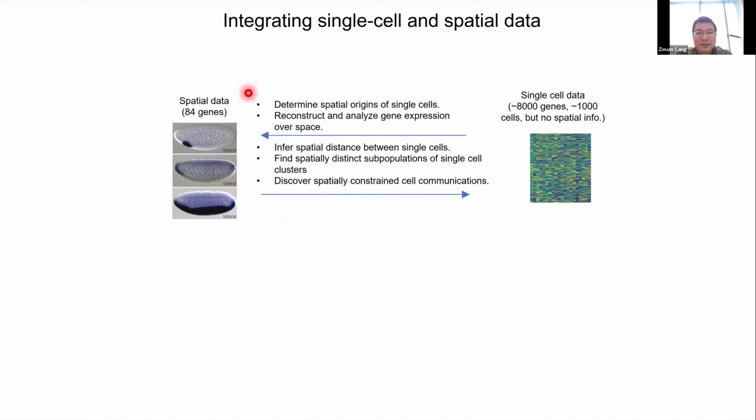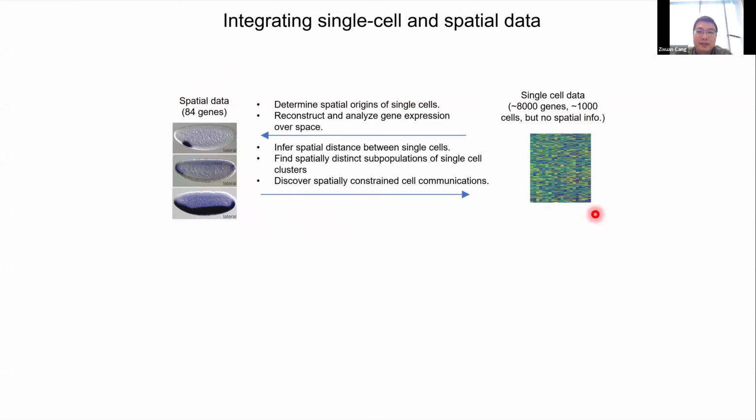For example, in this extreme case, even if we don't have real spatial transcriptomics, but instead this very traditional imaging data of just a handful of genes, then we can try to integrate single cell data into this imaging data or some low quality spatial data to try to predict or recover the gene expression profile at the transcriptomics level.